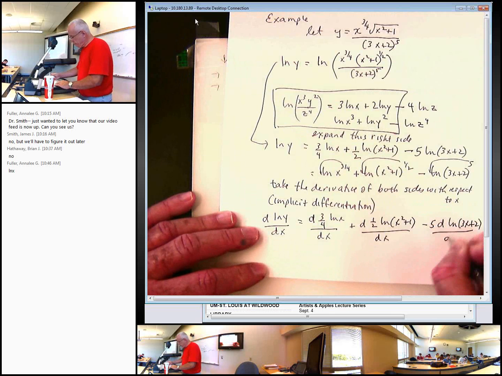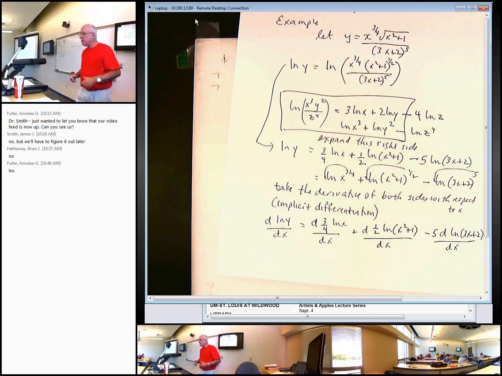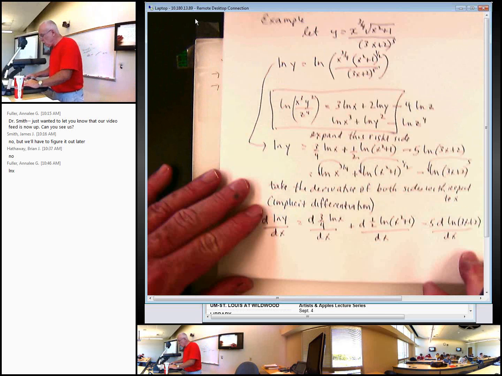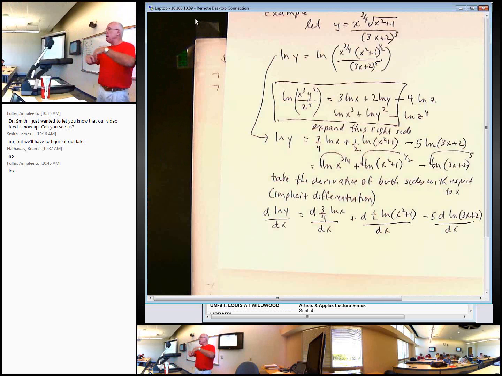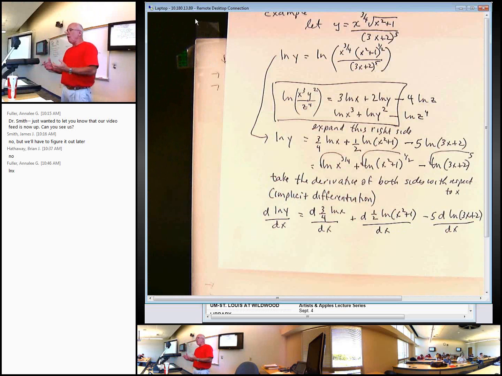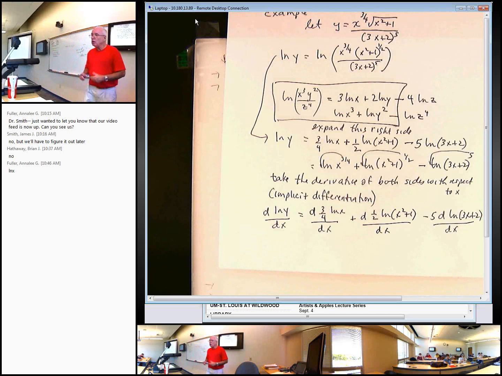All right. Okay. So what's nice about this with the natural log properties is we've been able to expand one really awful expression into a series of better ones.